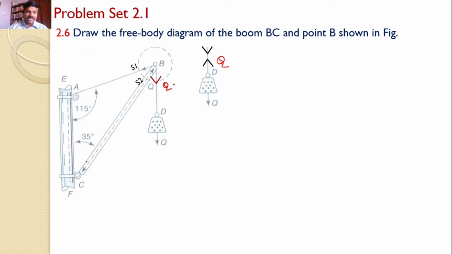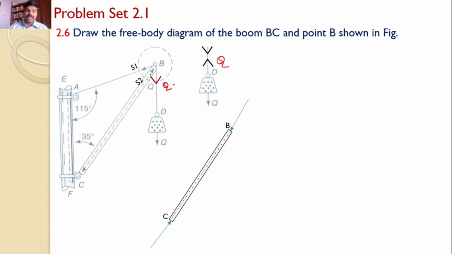Now, let us discuss this BC now. Since the force is acting in the downward direction at point B, we can easily observe that the boom BC is in compression. That means like this.